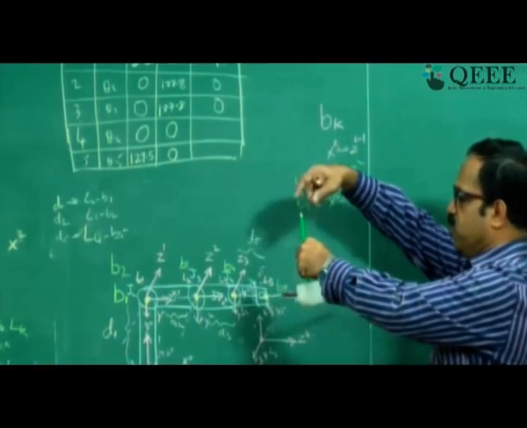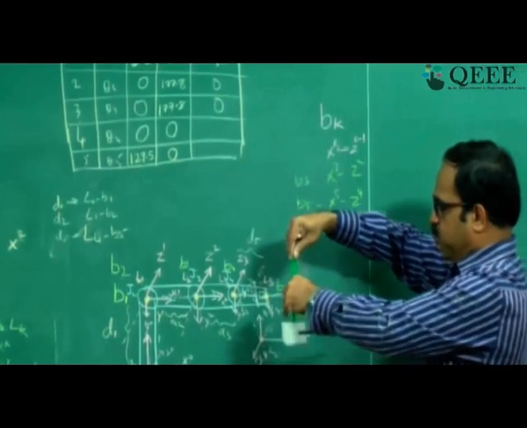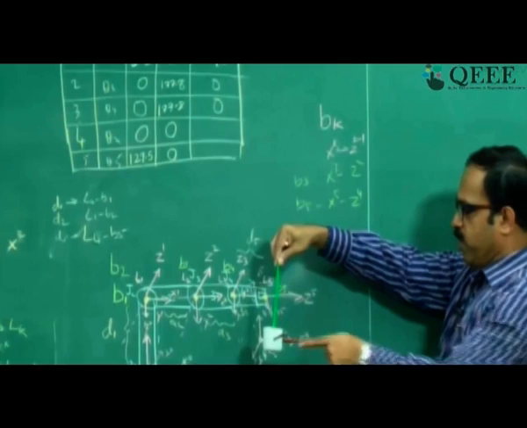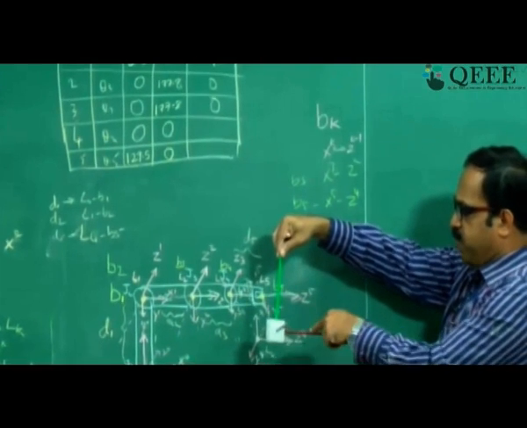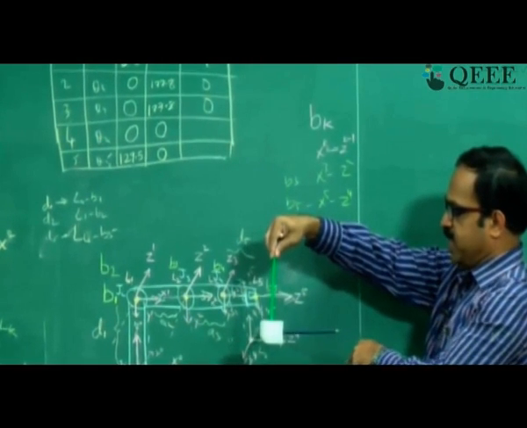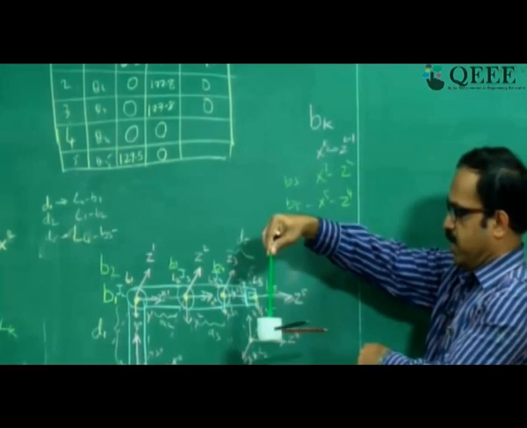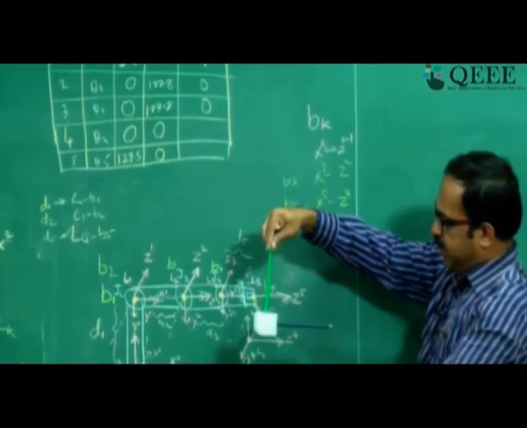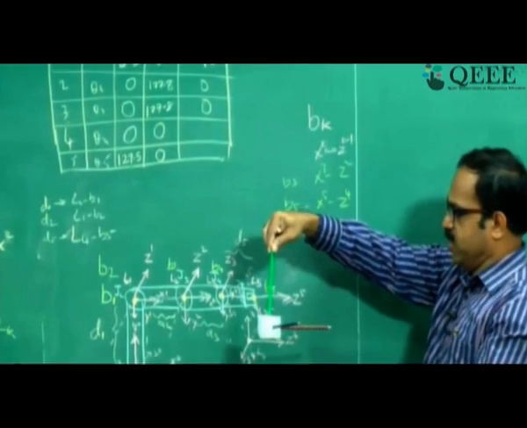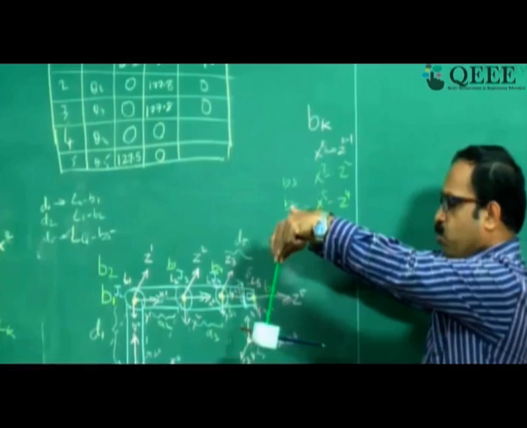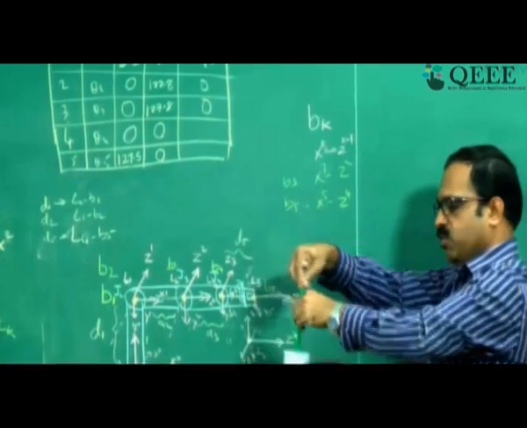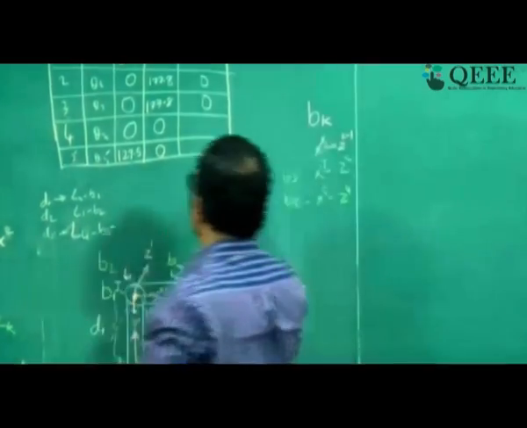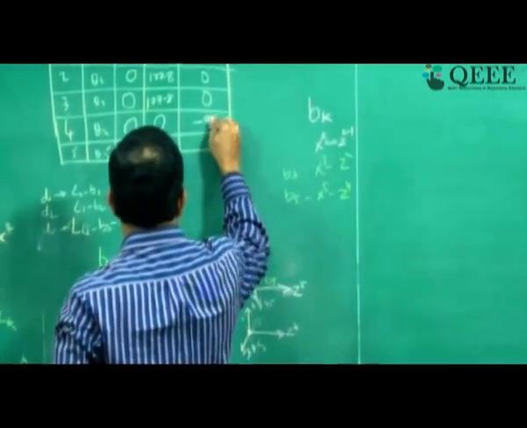Looking from here, it has moved 90 degrees clockwise, and therefore again this is minus 90 degrees for alpha 4.